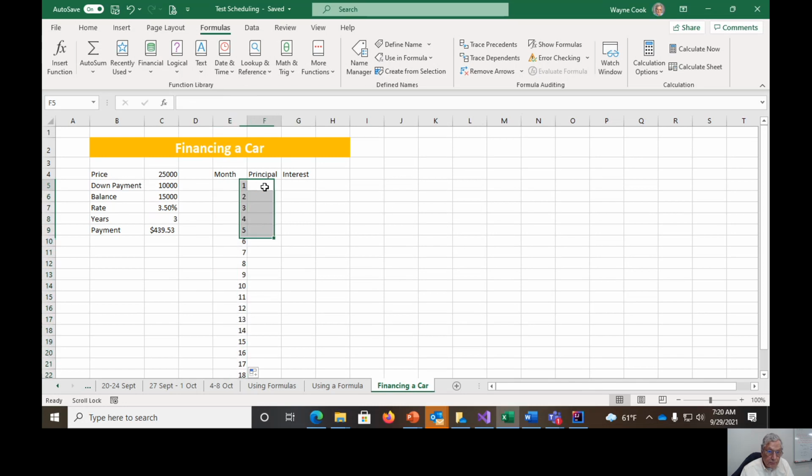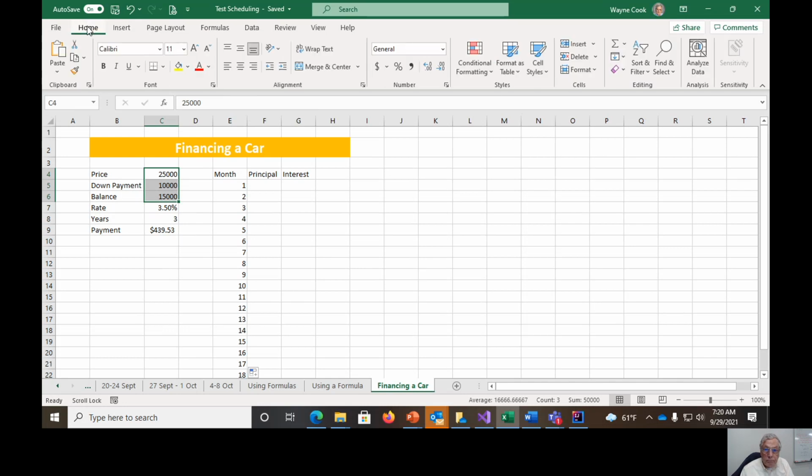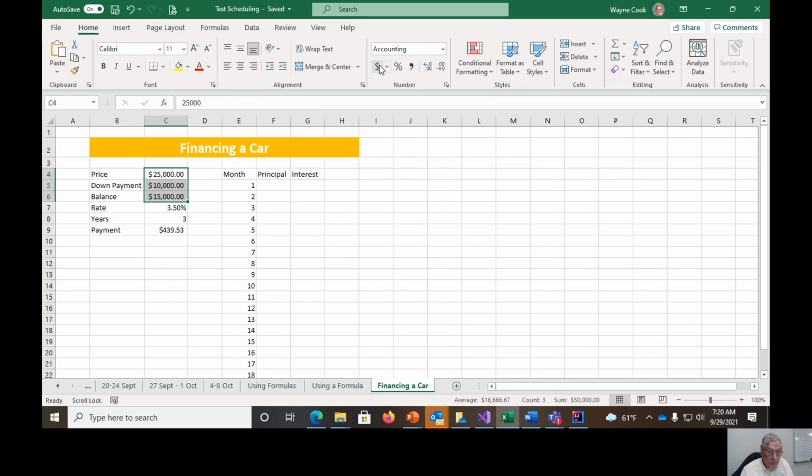Then the principal, and let's just go ahead and change these. Then I'm going to go home and just going to format it. Notice on any of these, it still is just 2,500 that's stored there, but there's a formatting on top.